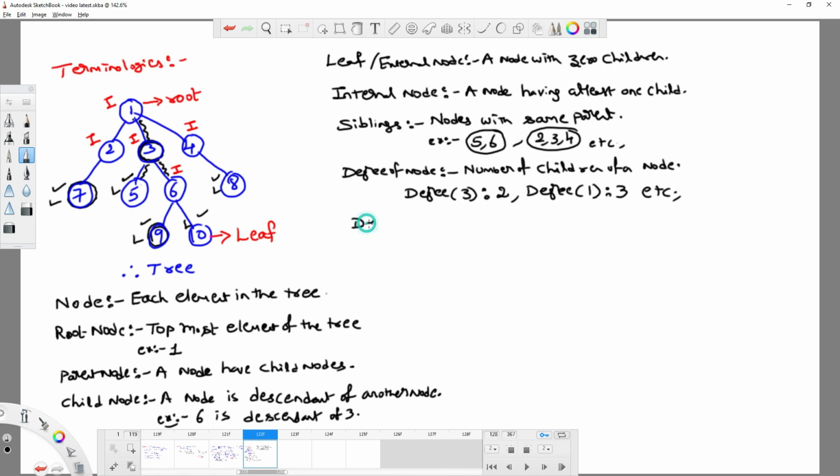Similarly, you can calculate the degree of tree. What is the meaning of degree of tree?